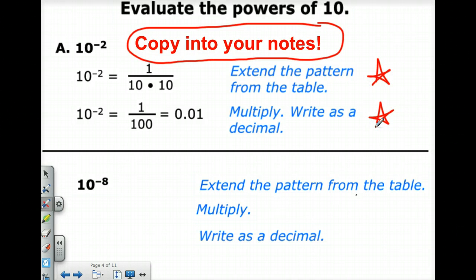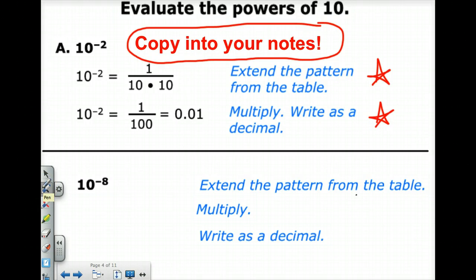So when given a problem with a negative exponent, the first thing you want to do is extend the pattern from the table. We have 10 to the negative second power, which is equal to 1 over 10 times 10. The negative 2 tells us to write the base of 10 as its reciprocal. 1/100th, and then we write it as a decimal.